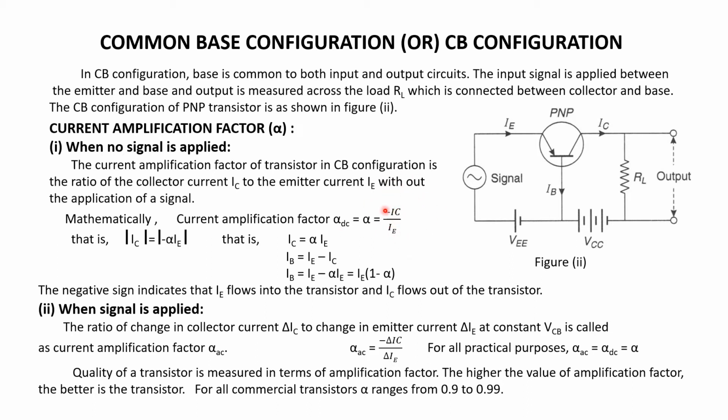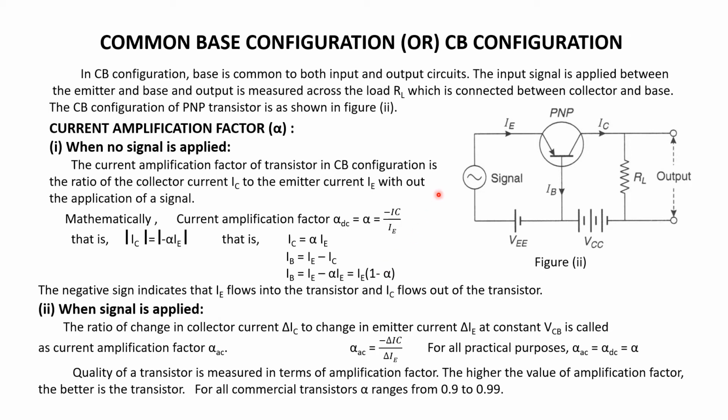Here the amplification factor is negative because the emitter current flows into the transistor and the collector current flows out of the transistor. We know that IE is equal to IB plus IC. Using that equation, we can write IB as IE into (1 minus alpha) in case of CB circuit.